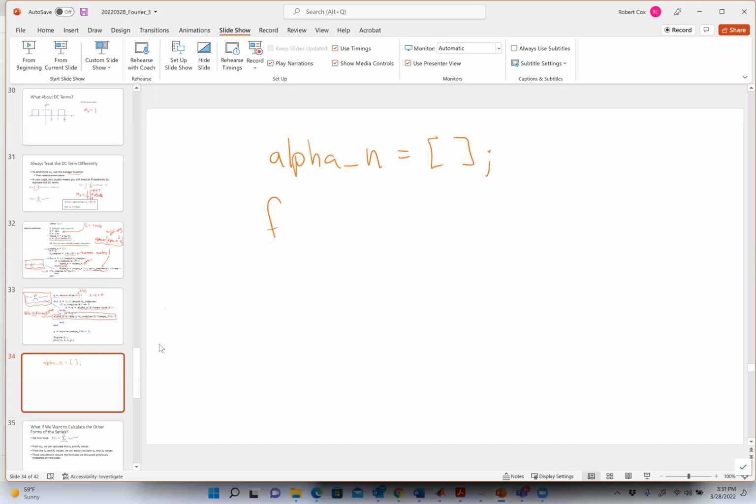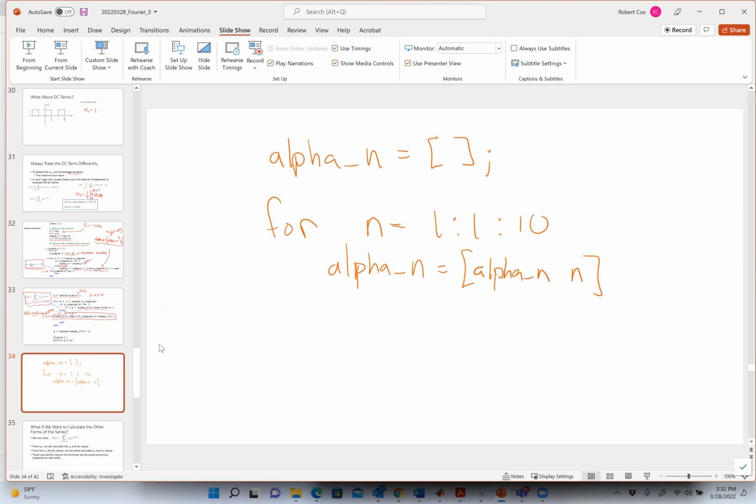So if I have a for loop, for n equal 1 to 10, let's say, and I write alpha n is equal to alpha n and then the number n.